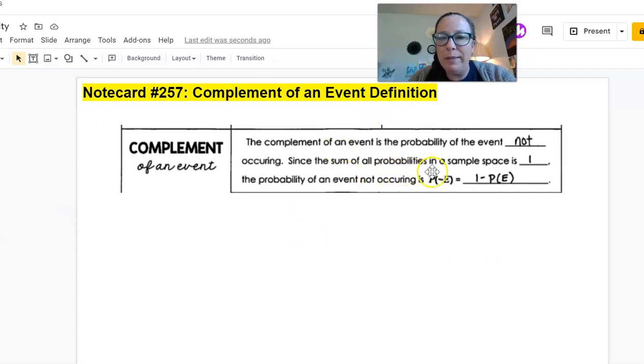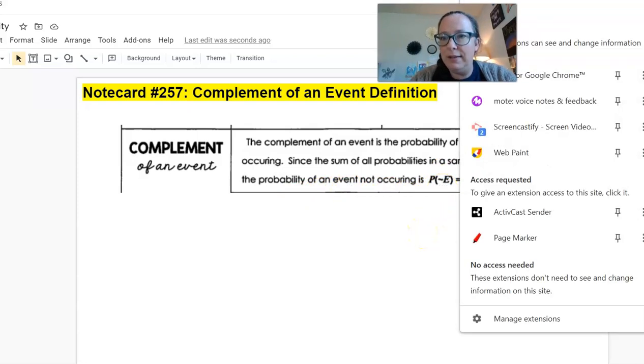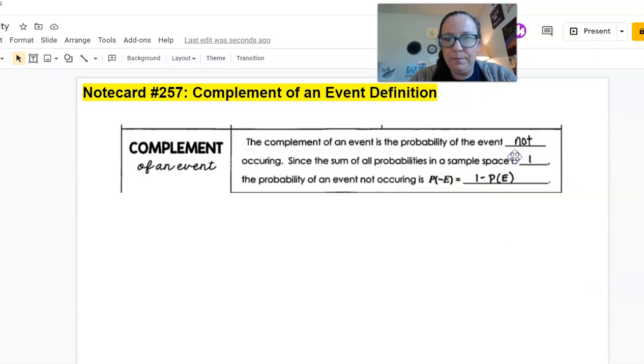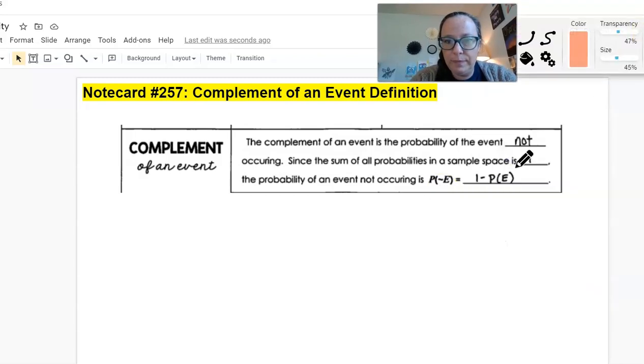Since the sum of all probabilities in a sample space is 1, the probability of an event not occurring is this notation, probability of, and it has that little squiggly, but that means not. Probability of the event not happening.